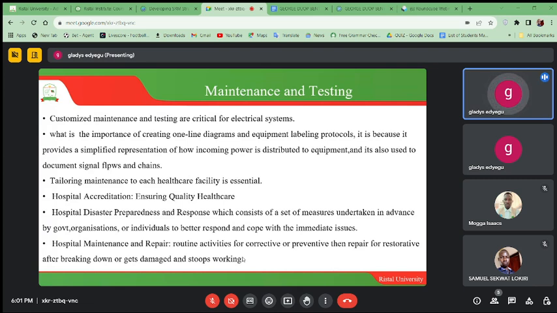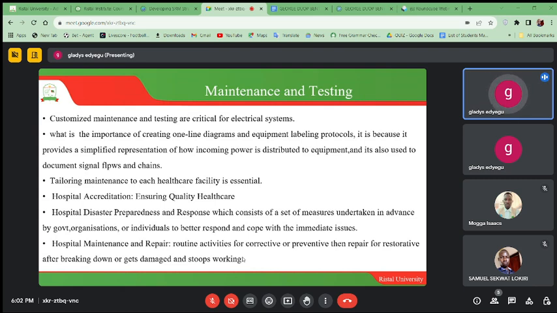In relation to electricity, we talked about fire alarms, which make a sound that helps us understand that there is a problem happening somewhere in relation to power, and we are able to respond and address it. Then we also have smoke detectors, and those can help us. So we need to put all that in place so that we can be prepared.